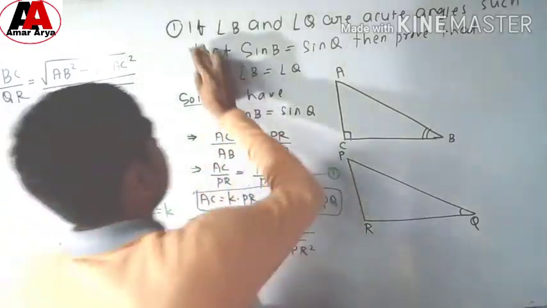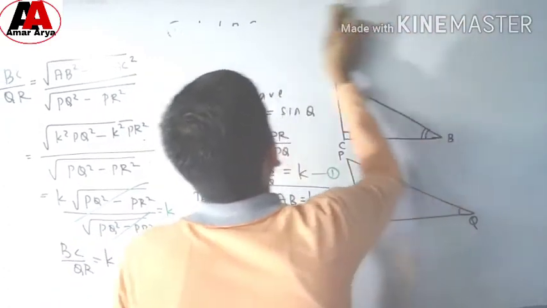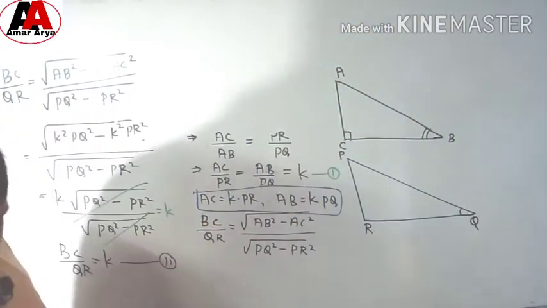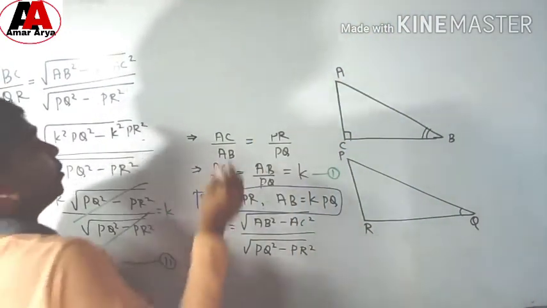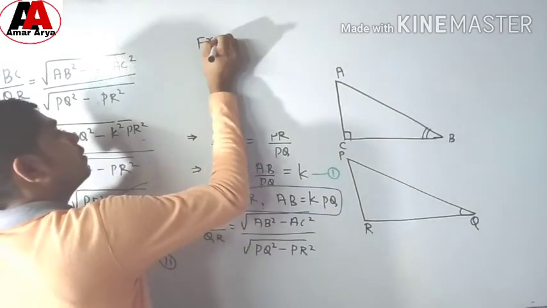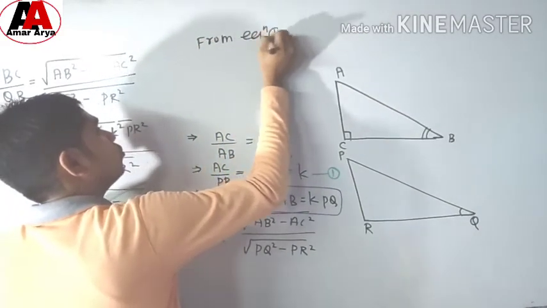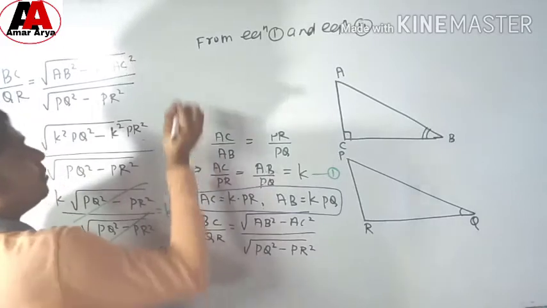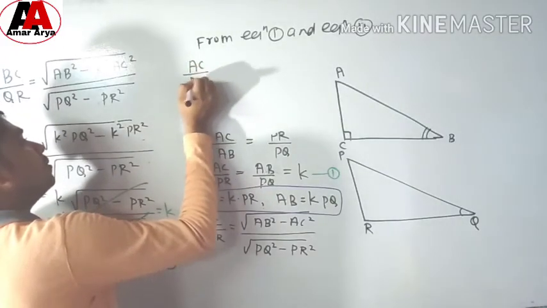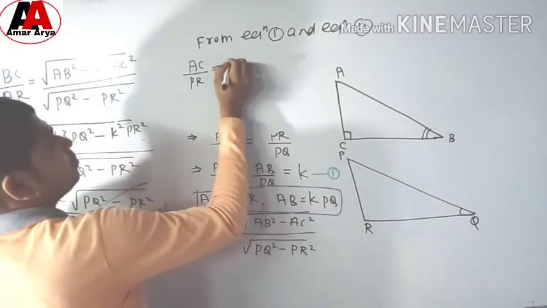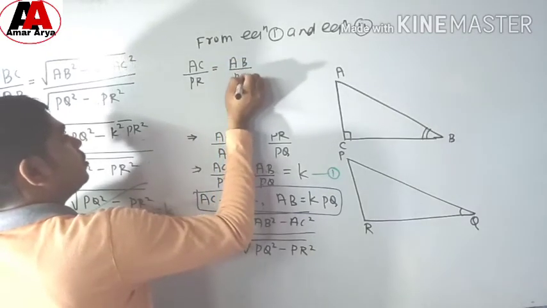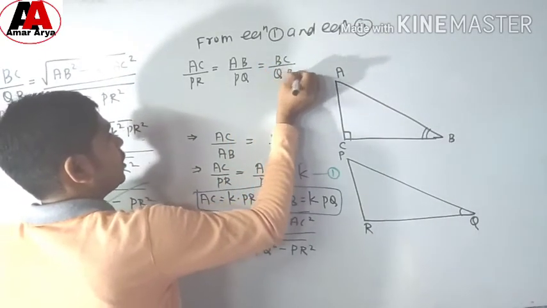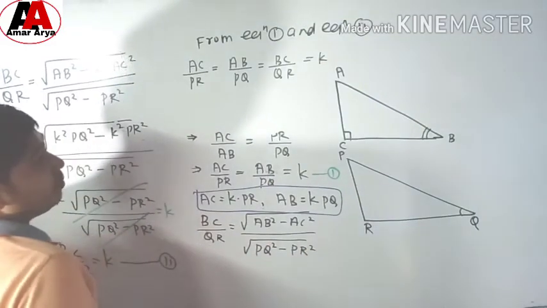So from equation 1 and equation 2, we can write AC by PR equals AB by PQ equals BC by QR equals K.